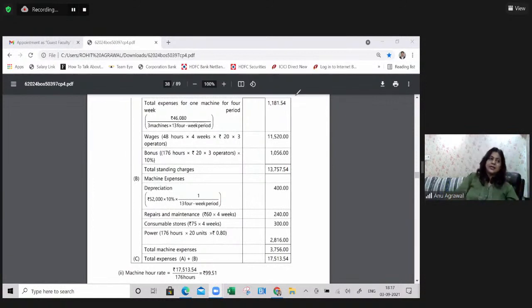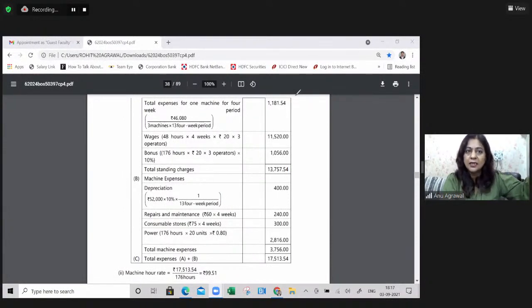Try to understand it like this, Nitya: I am manufacturing some product, right? Now I have got a canteen. What will be the direct material for the canteen? The raw material which they require for the purpose of producing food, right?